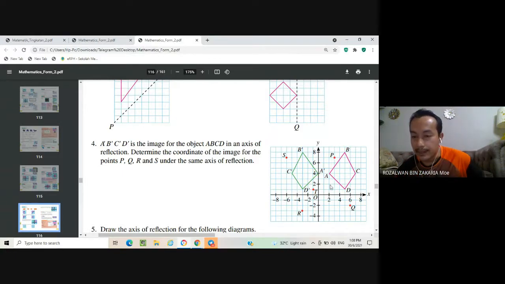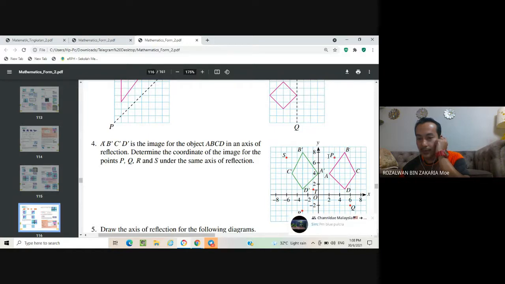Then after that, how to determine the coordinates of the image for point P? Look at point P, it is here. After you draw the axis of reflection, you calculate the distance from point P to the axis of reflection. This distance is 1, 2.